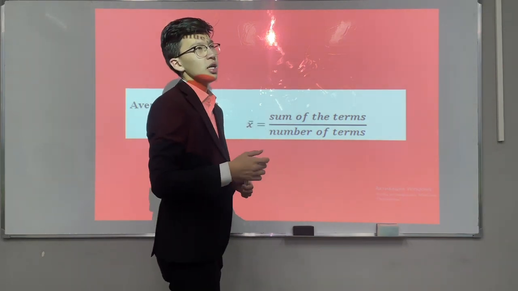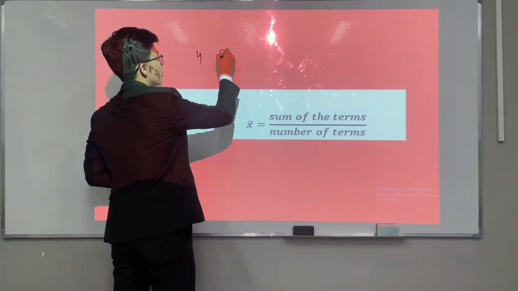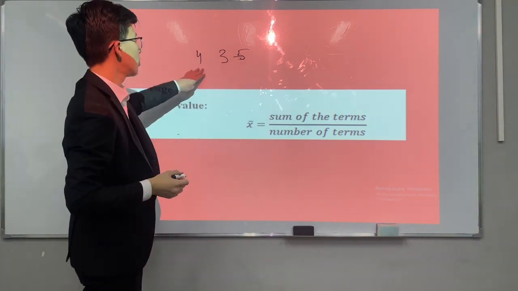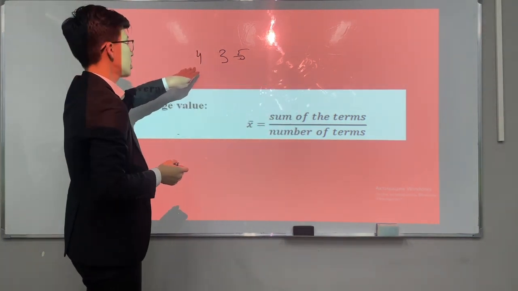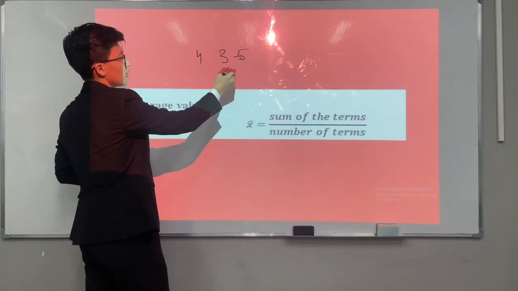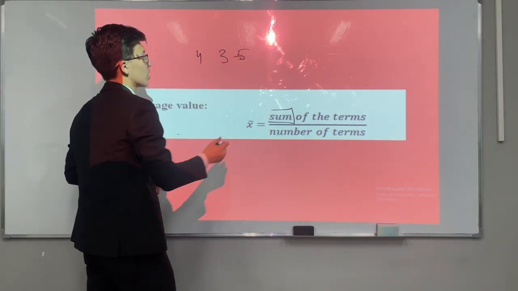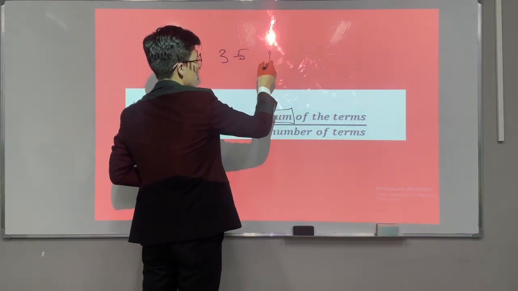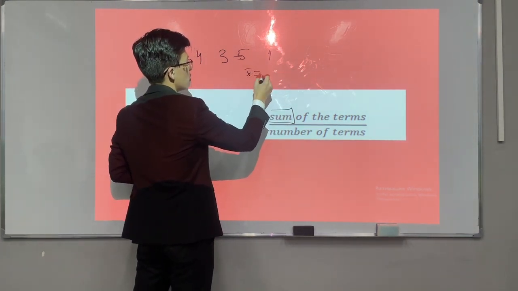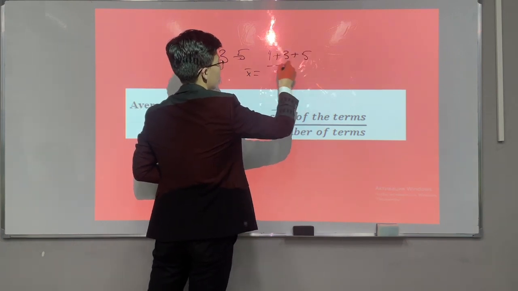For example, if we have the numbers 4, 3, and 5, to find our average value we write: the average value equals 4 plus 3 plus 5 over the number of terms.